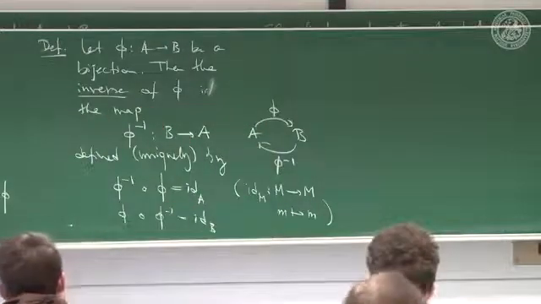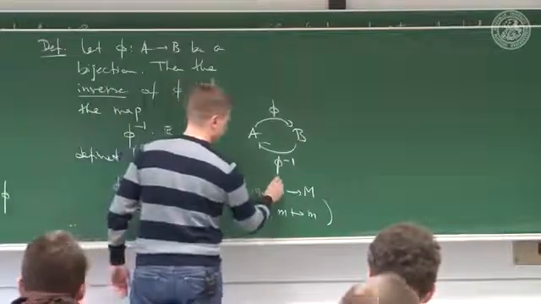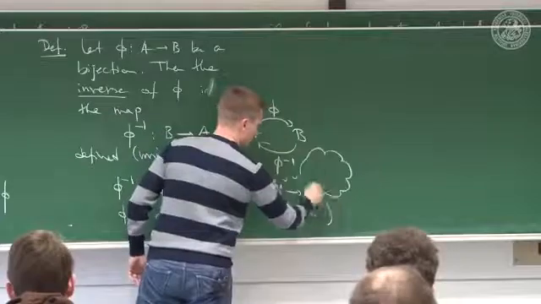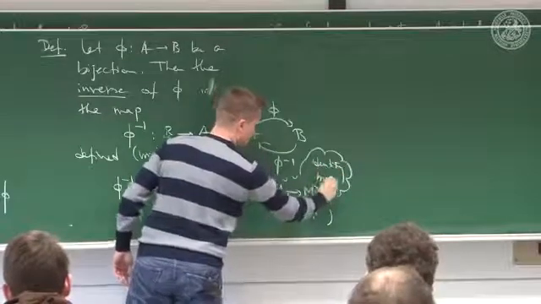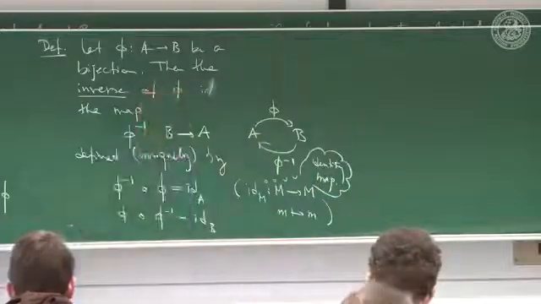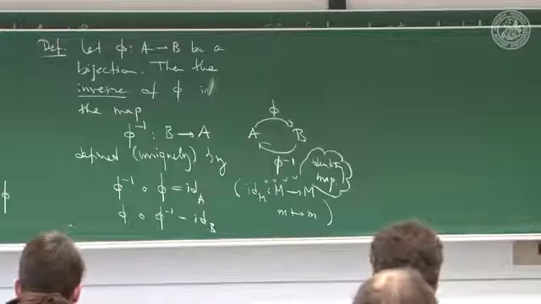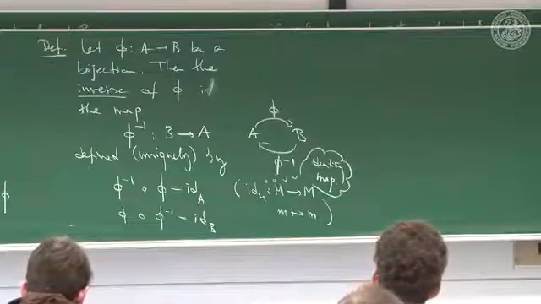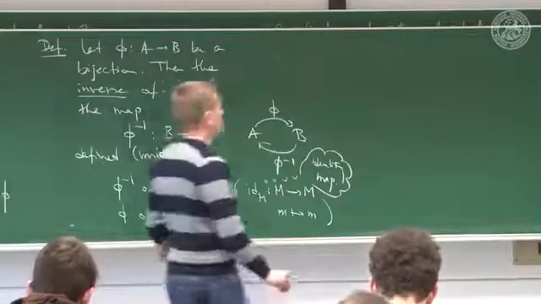That's the identity map. Which obviously we have for every set. Okay. So an inverse only exists for bijections.